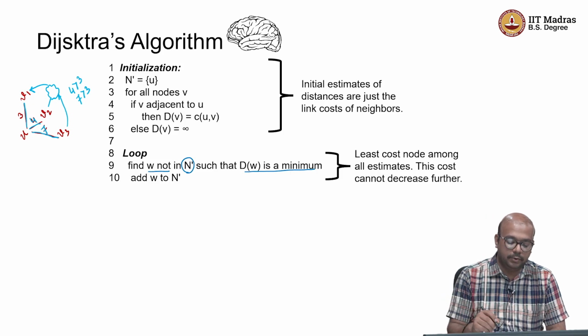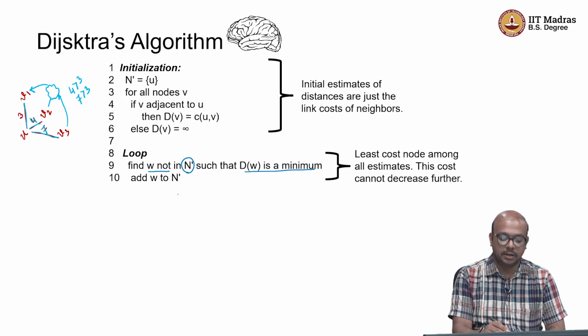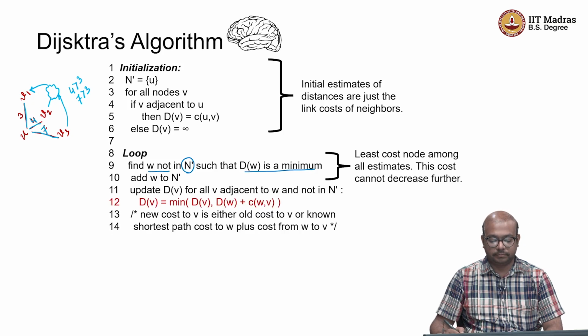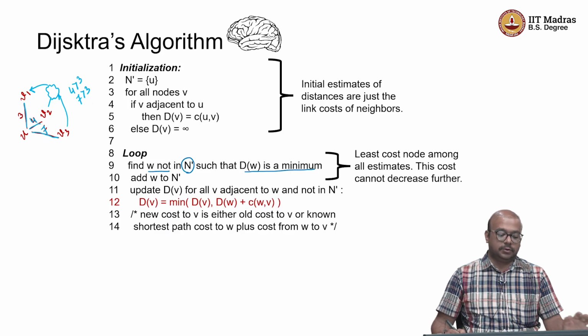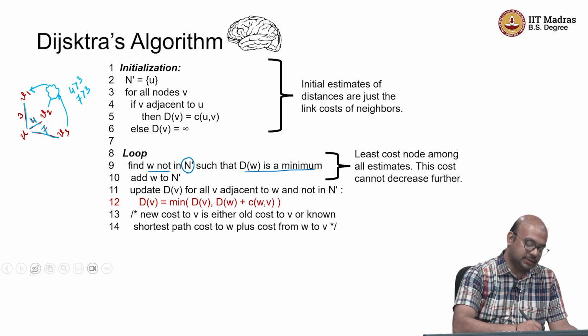So, find W which is not in N prime such that dW is a minimum, add W to N prime. So, we can add V1 here to N prime, and update dV for all V adjacent to W and not in N prime. Because it is not just the first hop, you are going to have other hops as well.